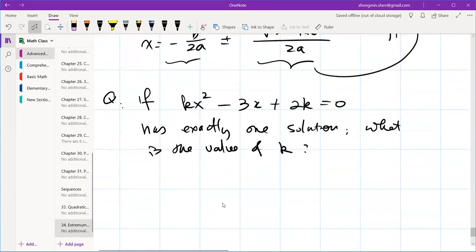Now, since you already know the formula, you just go ahead and find the solution. You look at the formula, then you see when you should get only one solution.